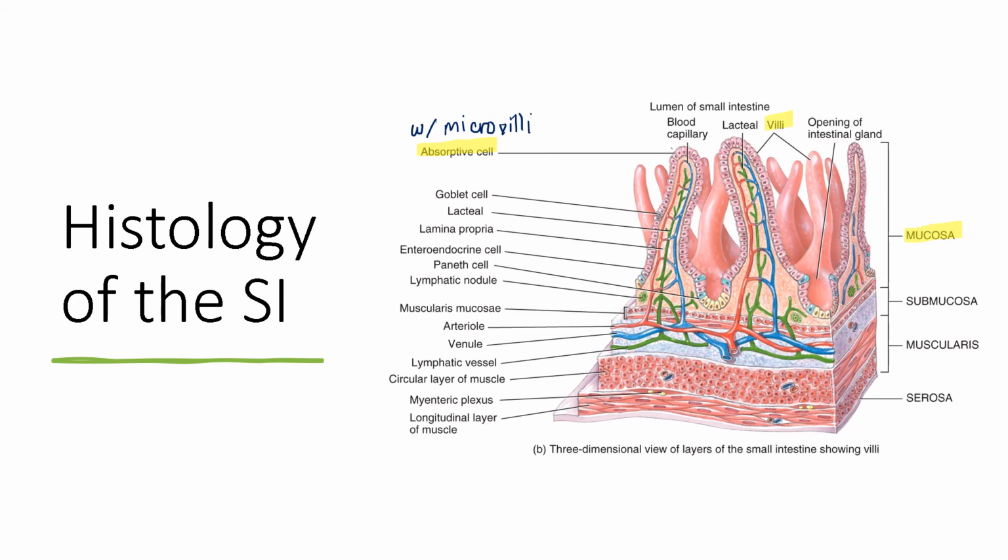Now, the wall of the small intestine is composed of the same four layers that make up most of the gastrointestinal tract. So we'll see that mucosal layer with the villi, the submucosa, the muscularis, and also the serosa.